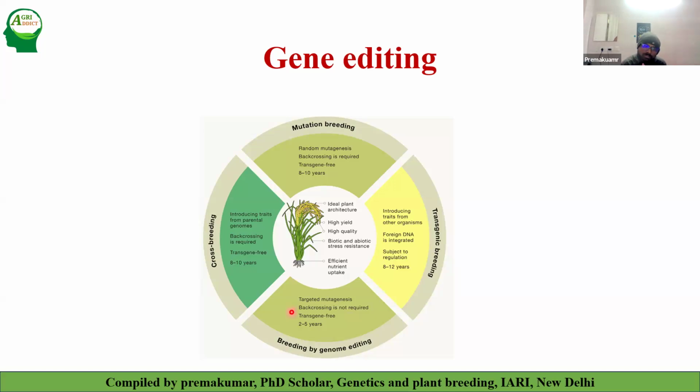That's why nowadays most scientists are focused on breeding varieties to meet the immediate objectives of the present day with the novel technique called genome editing. Yesterday we talked about mutation breeding, which is random in nature, but today we are going to discuss something more targeted, more precise, and more efficient.